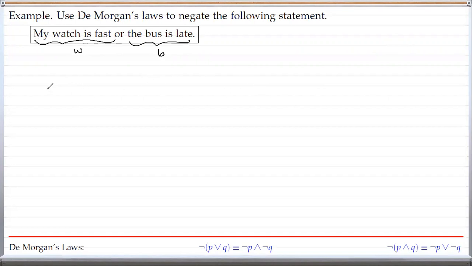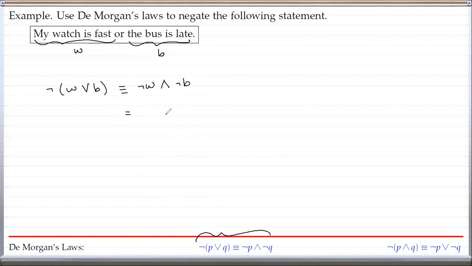So here we are trying to find not W or B, and using De Morgan's laws, this is simply not W and not B. Now let's write it back in terms of the given statements.